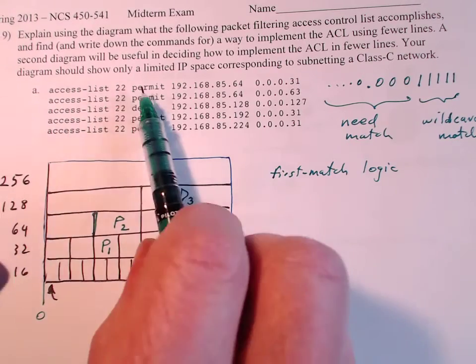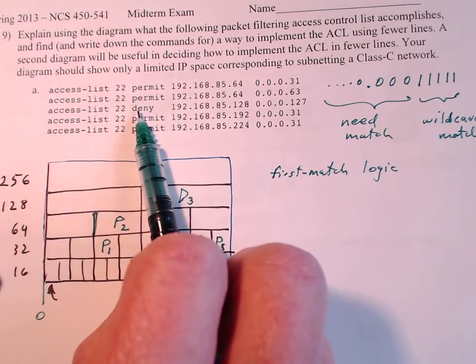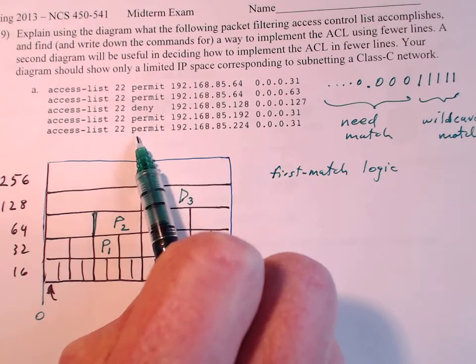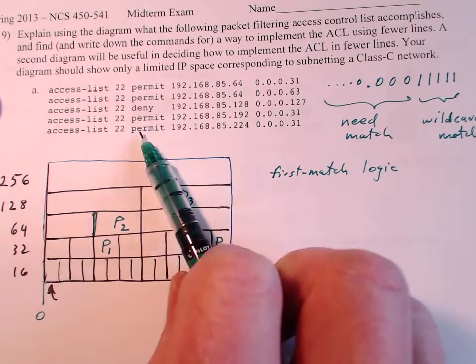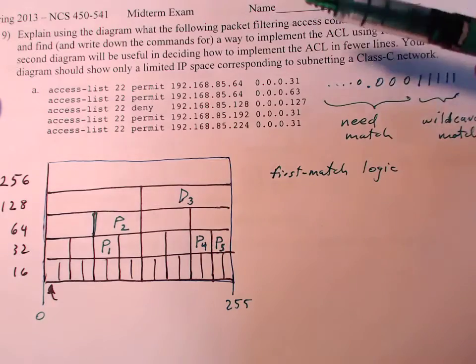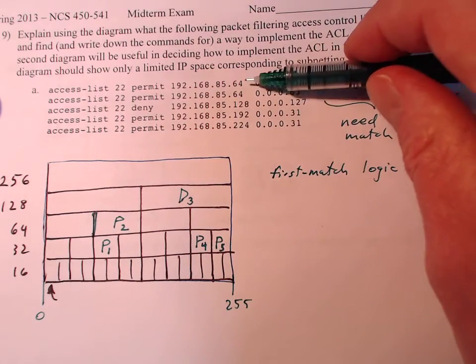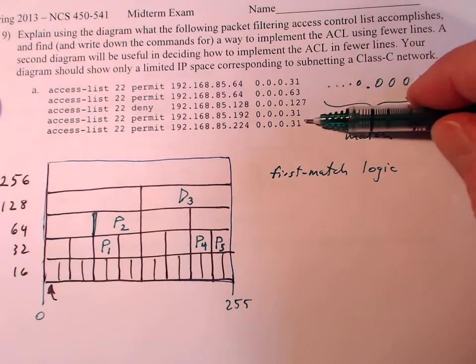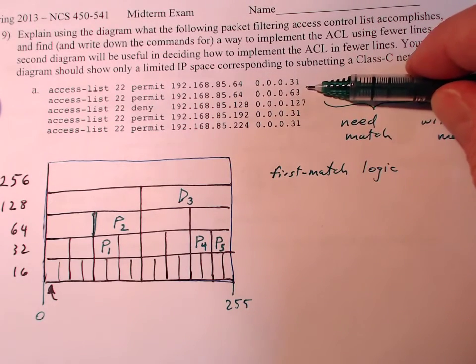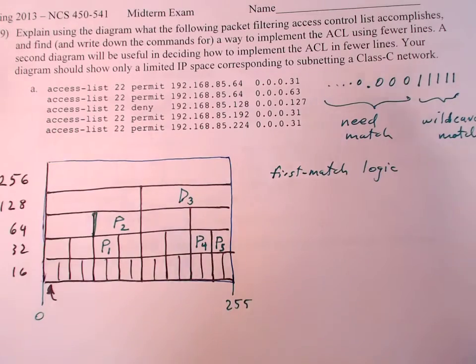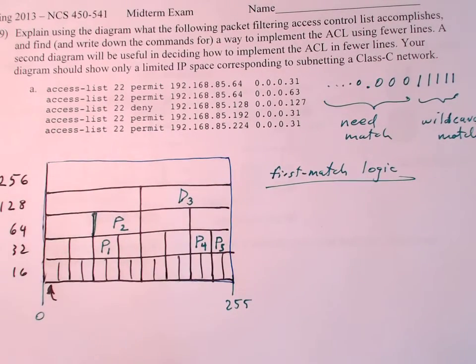The access control list is going to tell us whether to permit or deny the routing of those packets. We're looking for our IP address to match one of these ranges here, and as soon as it matches one of these ranges, it stops looking. That's called first match logic.